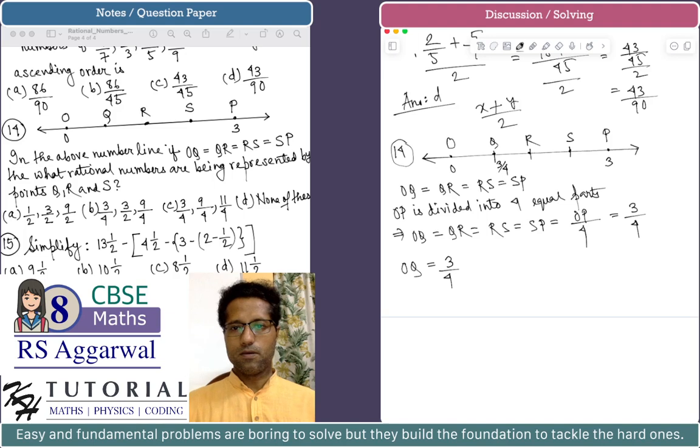Now in the choices, we see that in the two choices B and C, it has given 3 by 4.